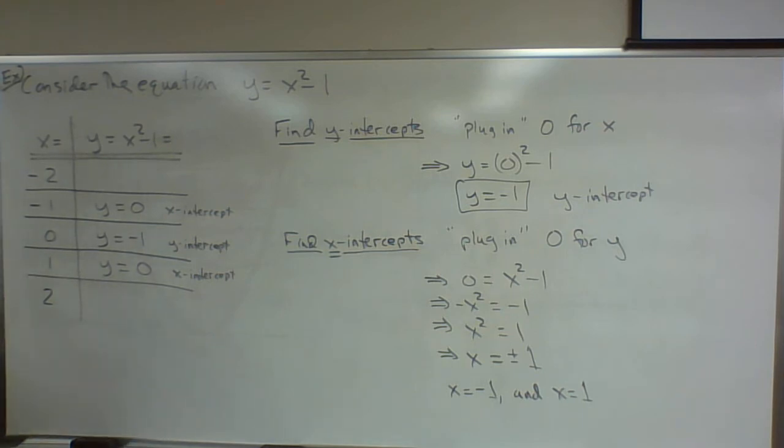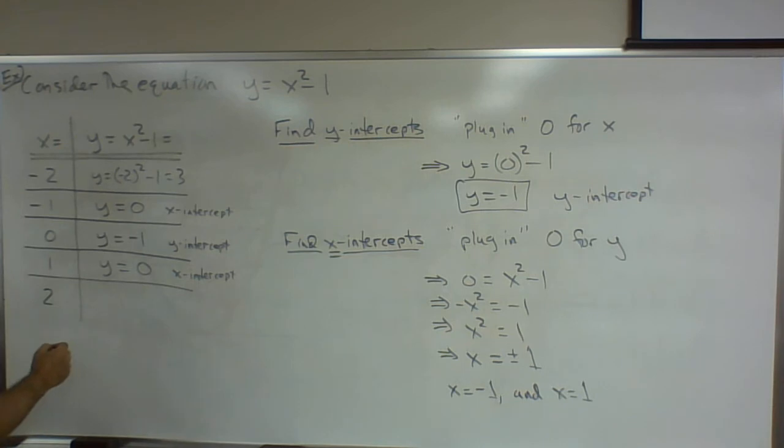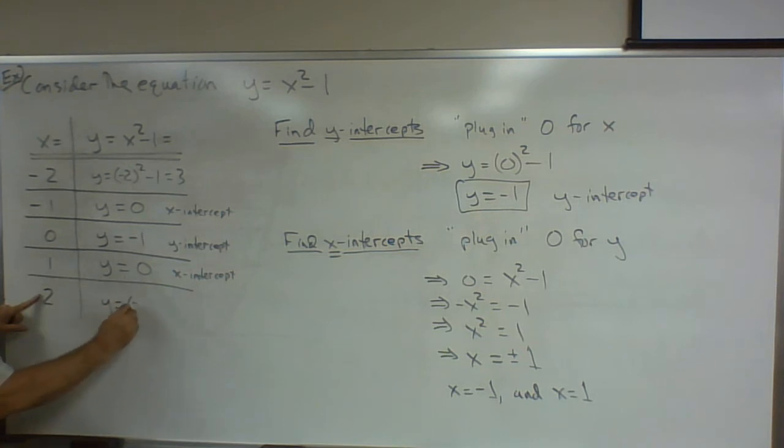And let's just compute these other 2 points. X is -2. We plug in -2 for x. -2 squared is 4, minus 1 is 3. And now let's take x equal 2 and plug that in for x. 4 minus 1 is 3.